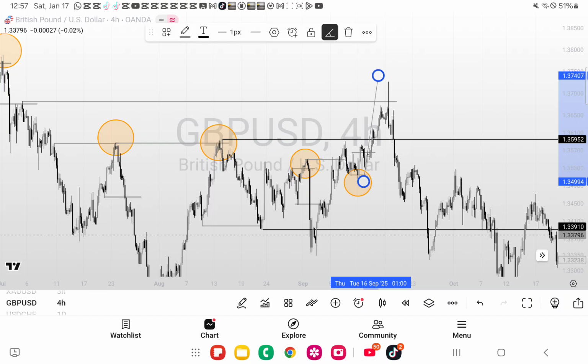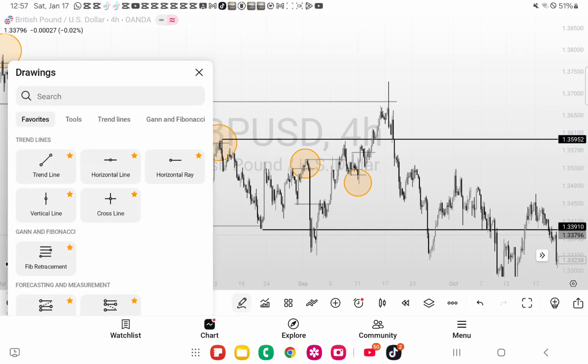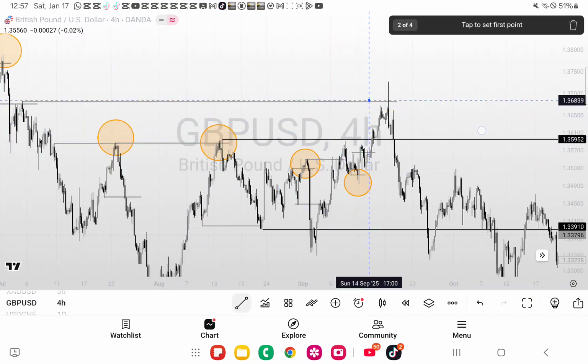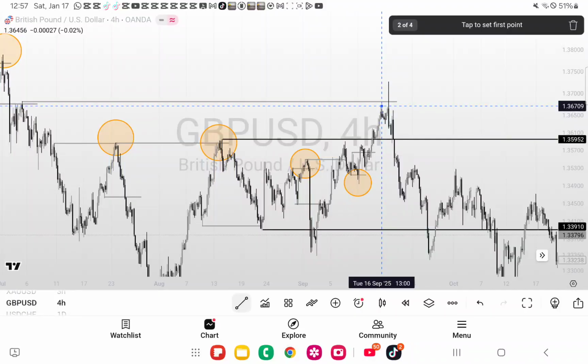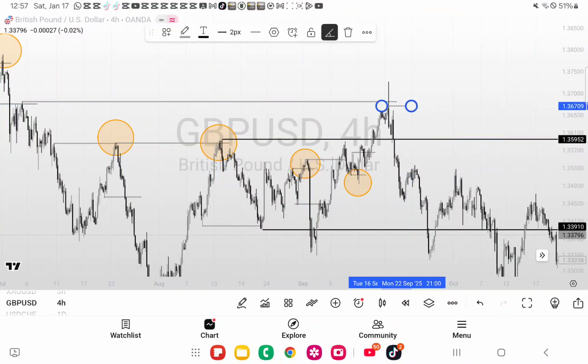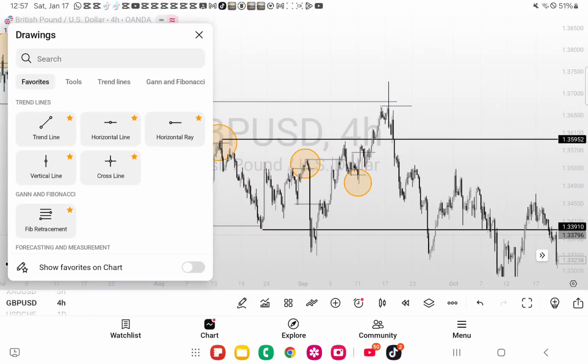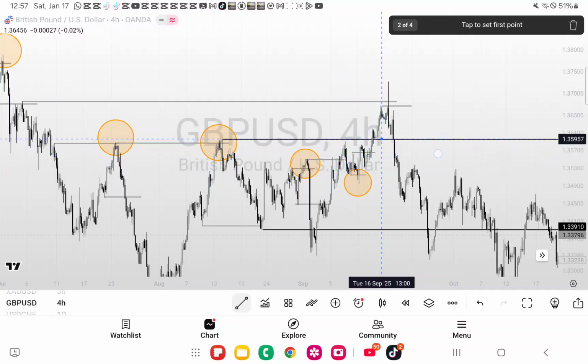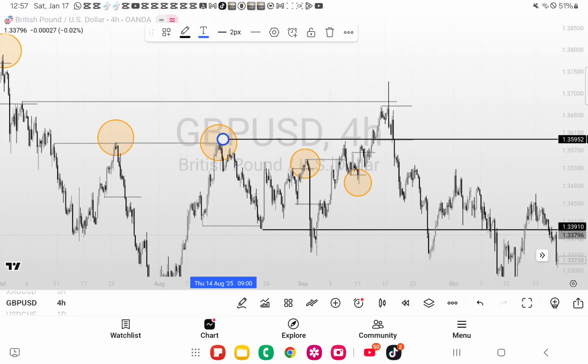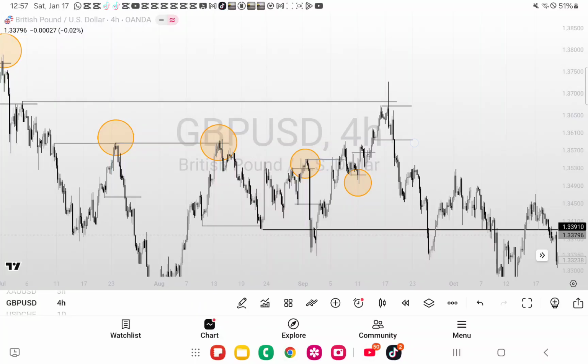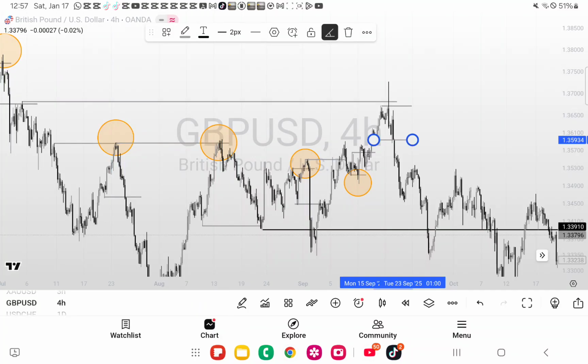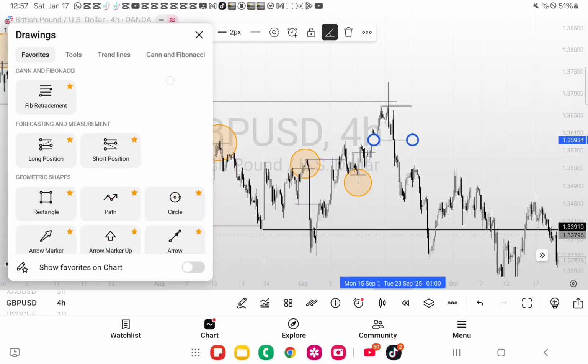And what happened after that? We have a sweep of liquidity on this high, and we have a change of character to the downside. You have this change of character. So now this is a new strong high that we have.